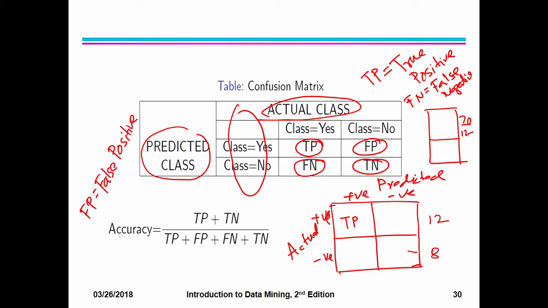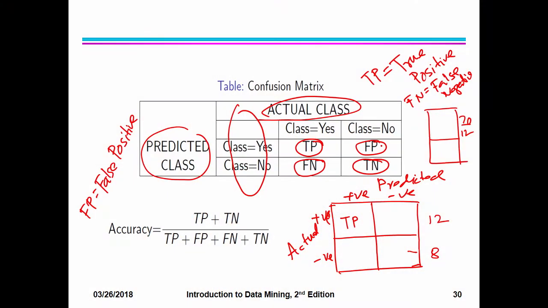To remember this, FP means false positive. False positive means the classifier predicted positive class, but that is false, which means it is actually negative class. That is how the name false positive came. And similarly, what is false negative? The classifier predicted a negative class, but that is false, which means actually it is a positive class; the classifier wrongly predicted it as a negative class.